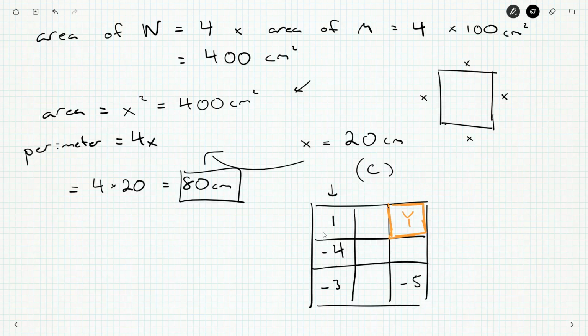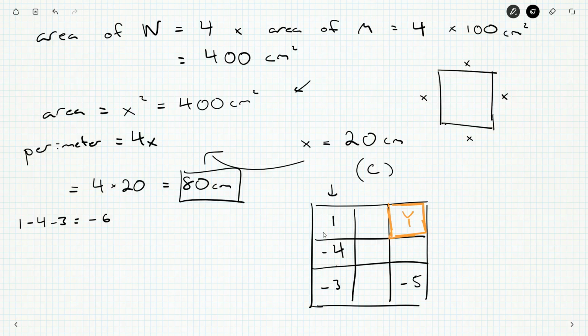On a contest, you'll be given one complete something. And so if I add these up, 1 plus -4 plus -3, that's 1 minus 7, that's -6. That tells me what the sum of my magic square is. So every row and every column has this.